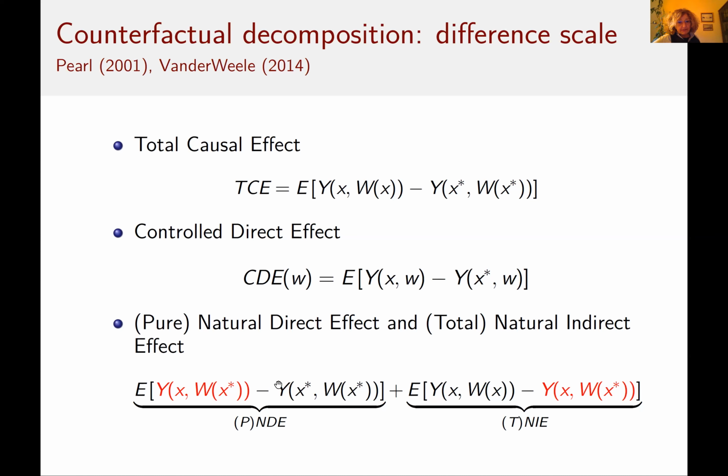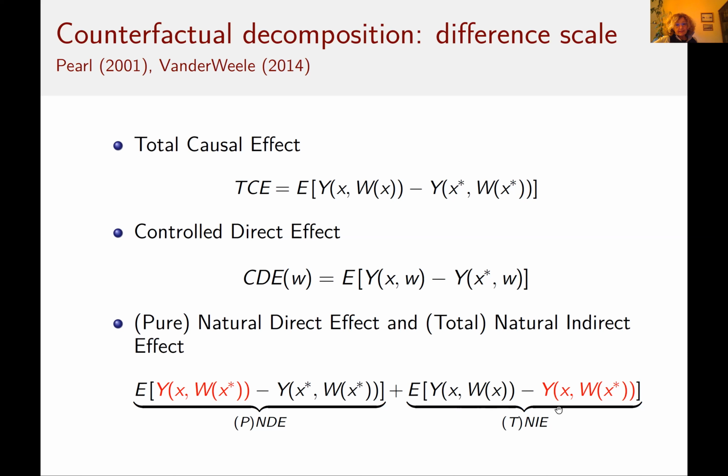So in the first situation, you keep the mediator fixed at the x star value and you let X vary. This is what is called the natural direct effect, because this effect is not mediated by W by any means.